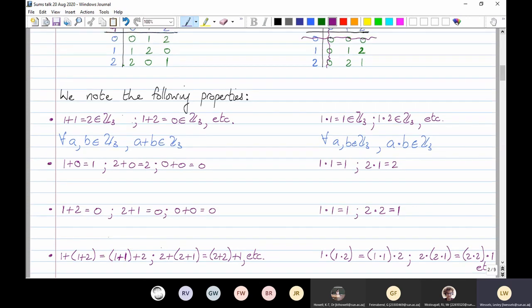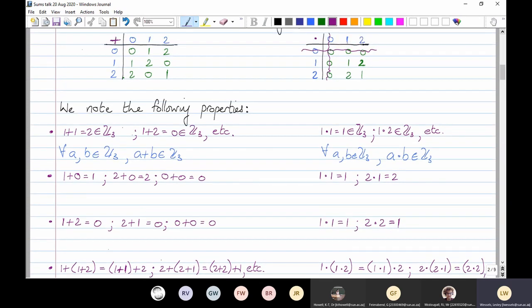Then the second property: you'll see that there exists an element so that if I add any other element in Z3 to that element, I get my original element back.